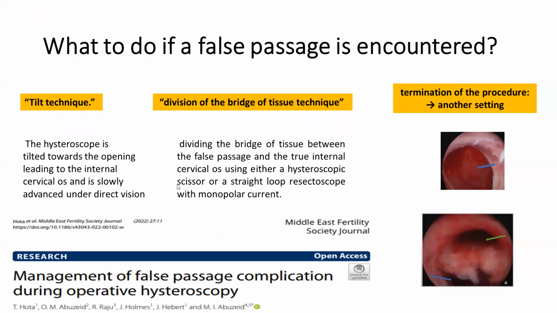Sometimes during dilatation of the cervix, you find yourself in a false passage, not in the endometrial cavity. In such a case, don't panic. You can withdraw your telescope and start gently to find the normal internal os and go through it in a gentle way, which is called the tilt technique, withdrawing the telescope and trying to find the internal os and go through it.